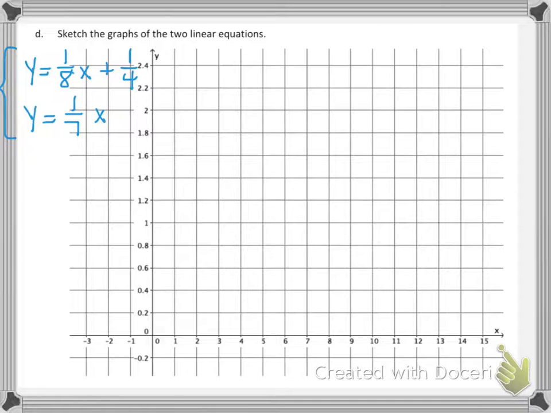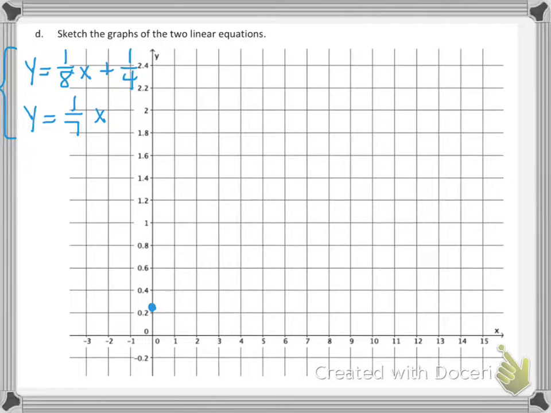So let's start with y equals 1/8 x plus 1/4. The y-intercept is at 1/4, that would be 0.25, so somewhere in there. And then we're going to go up 1 and right 8. So I'm at 0.25, I'm going to go to 1.25, and then go right 8.